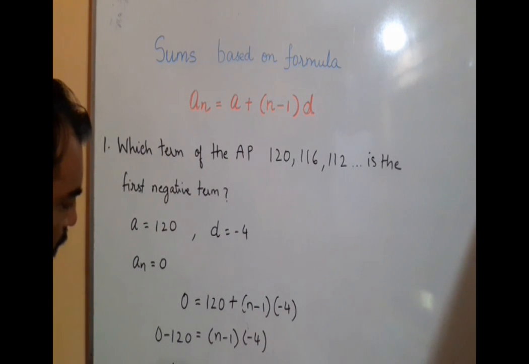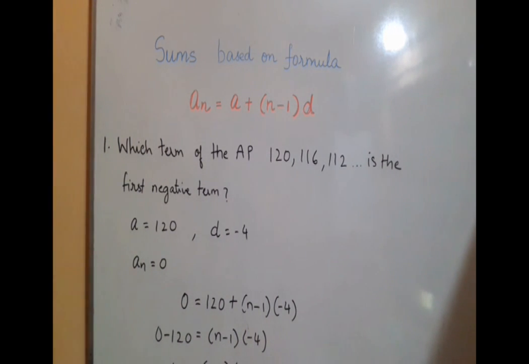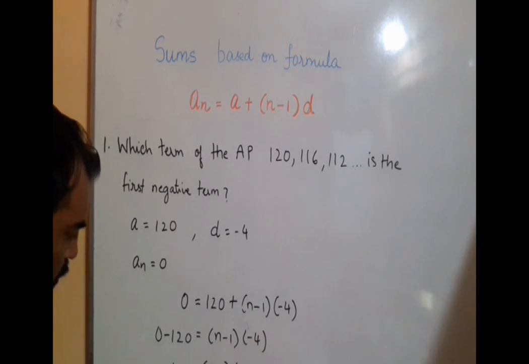Minus 120 equals n minus 1 into minus 4. Minus 4 is in multiplication, so it goes into division. So 120 upon minus 4 equals n minus 1.